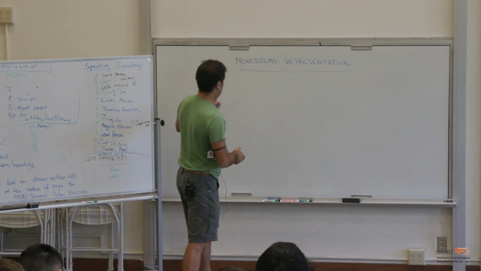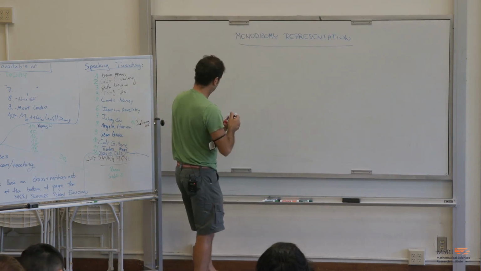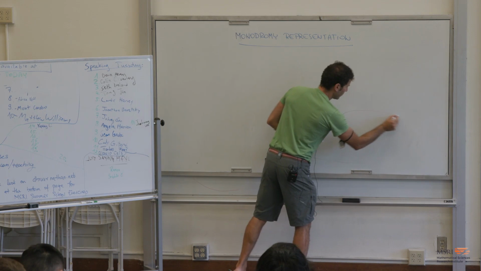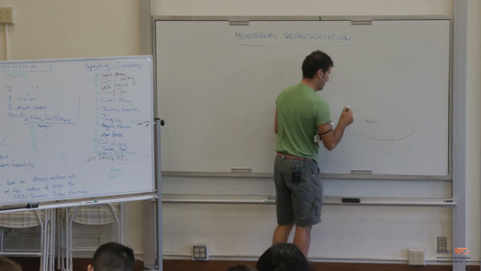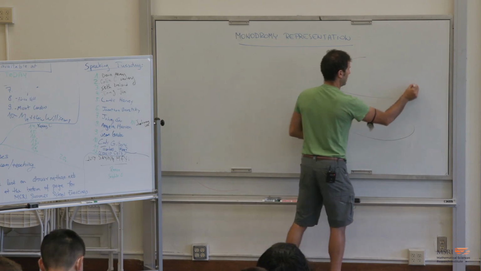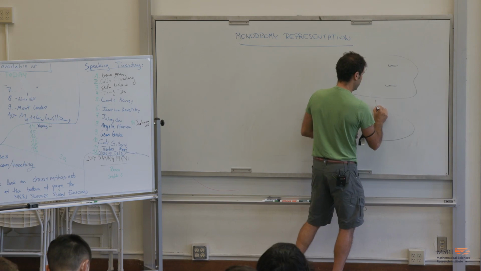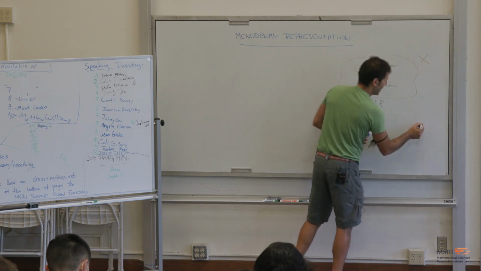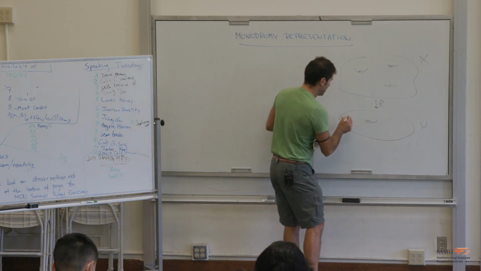And so let me draw a picture for you of a map of Riemann surfaces here with its branch points.